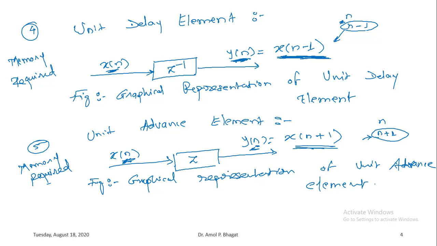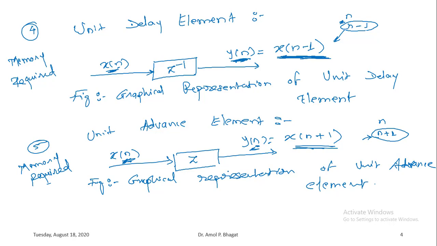But if you try to realize systems which comprise the future input sample, physically it is impossible to predict what the future input will be, right? Just for example, currently I am delivering a lecture, but I cannot predict the future, what I will be doing maybe at 1 p.m. today, maybe at 2 p.m. today.